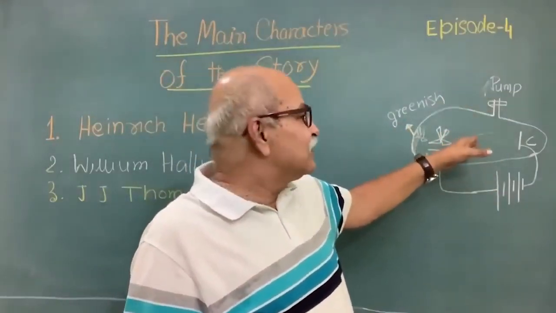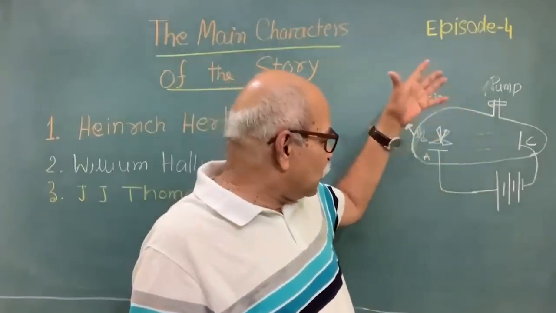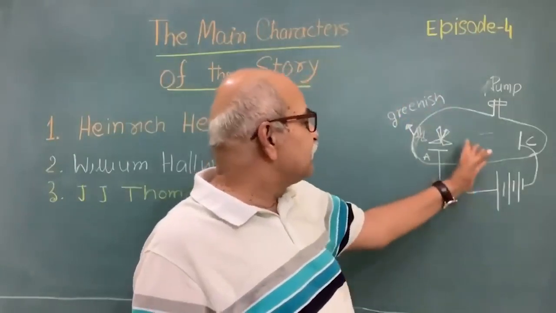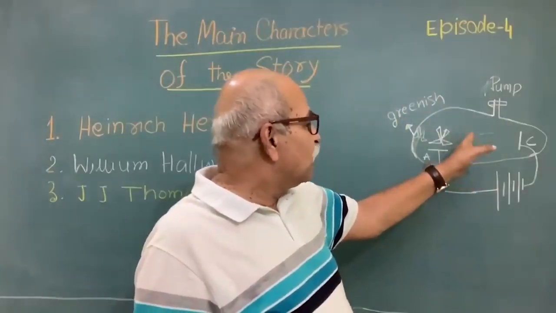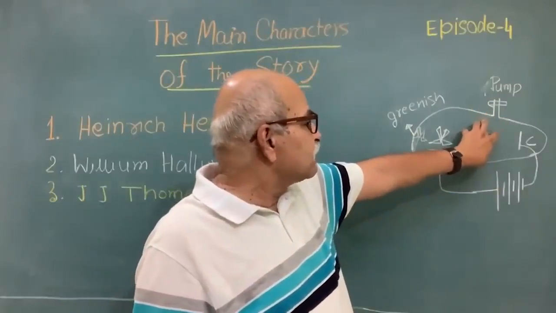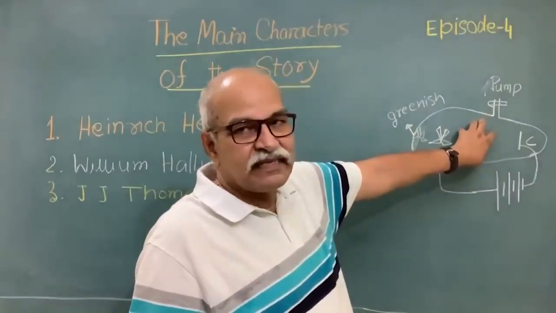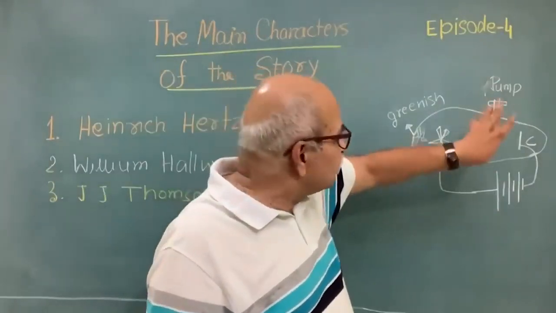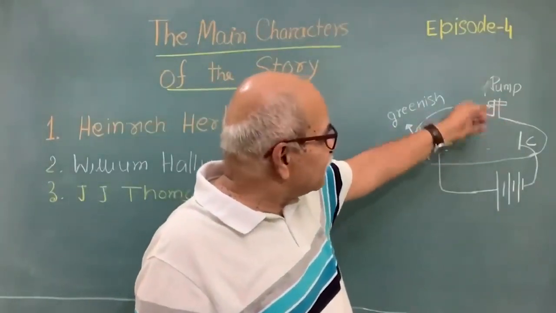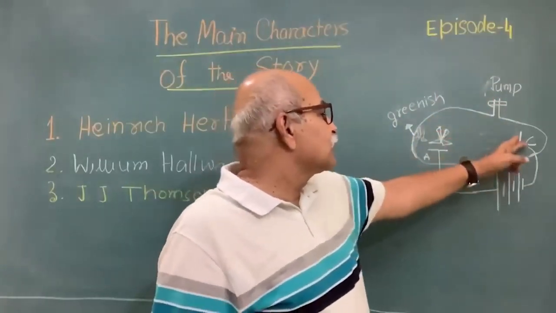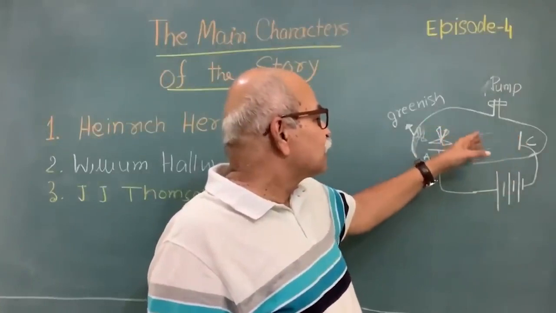Right? And then J.J. Thomson found that people failed to see the deflection by electric field because there was enough air or gas here, the pressure was not that low, and then that got ionized, became conducting, and shielded these cathode ray beams from being deflected.